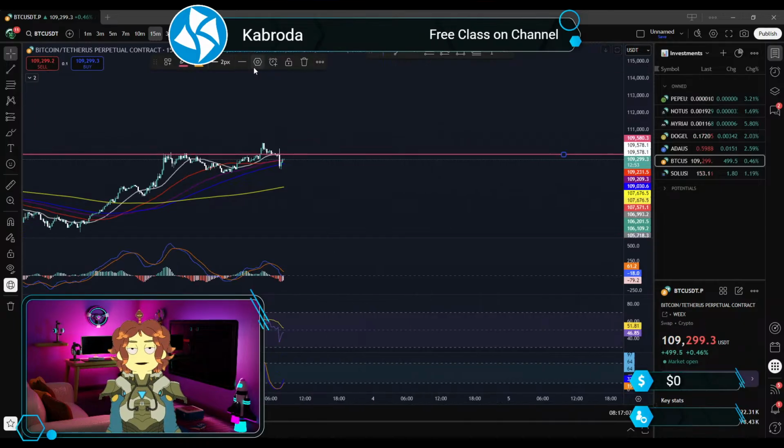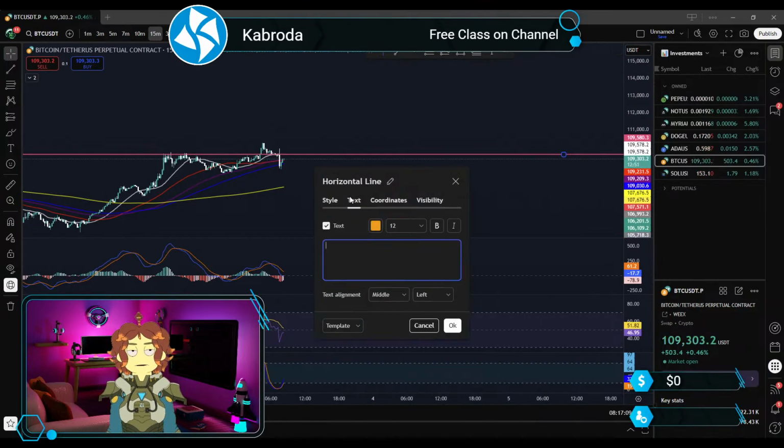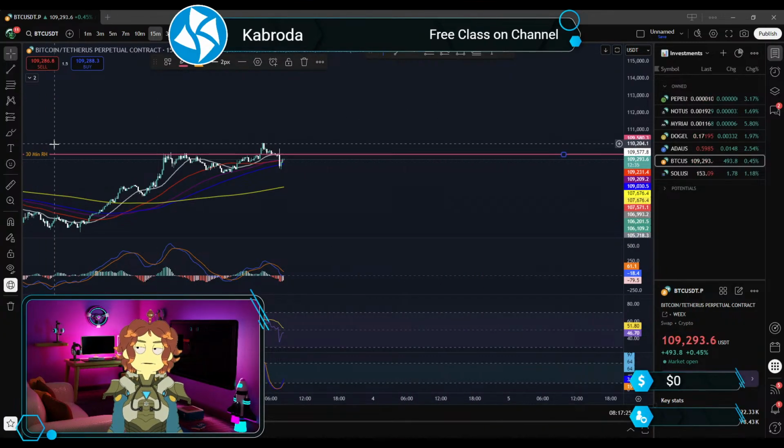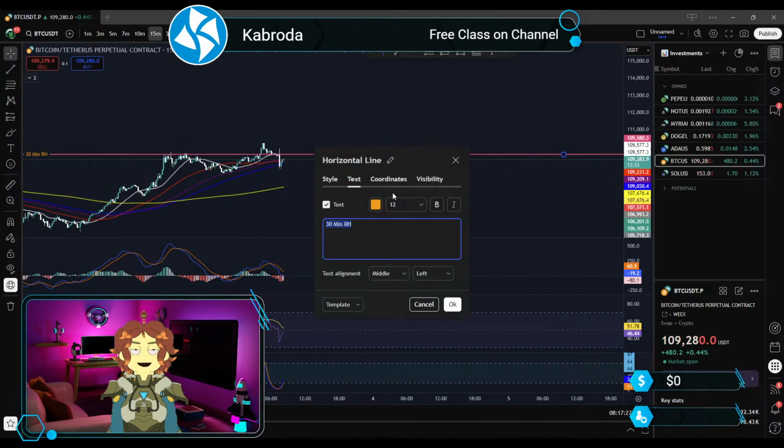And if you want, you can go back in here and go to text and type in 30 minute range high. Maybe put RH for range high. And then you can see mine's over here, so you can change that in there too.